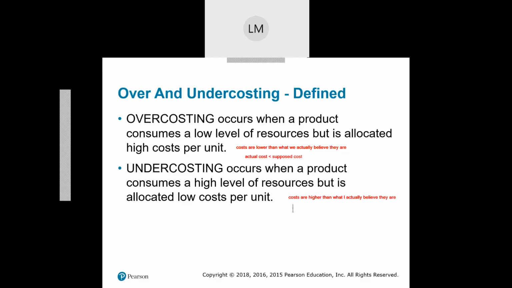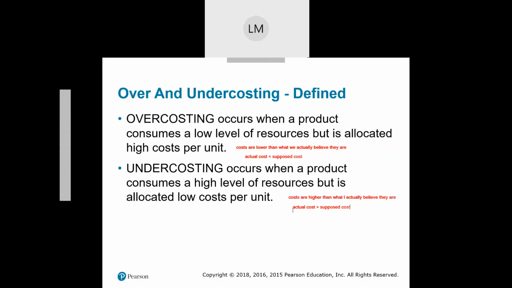And over here, my actual cost is greater than my supposed cost, or the cost that I believe they are. So my actual costs are higher than I believe they are when the product is undercosted, and my actual cost is lower than my supposed cost when it is overcosted.